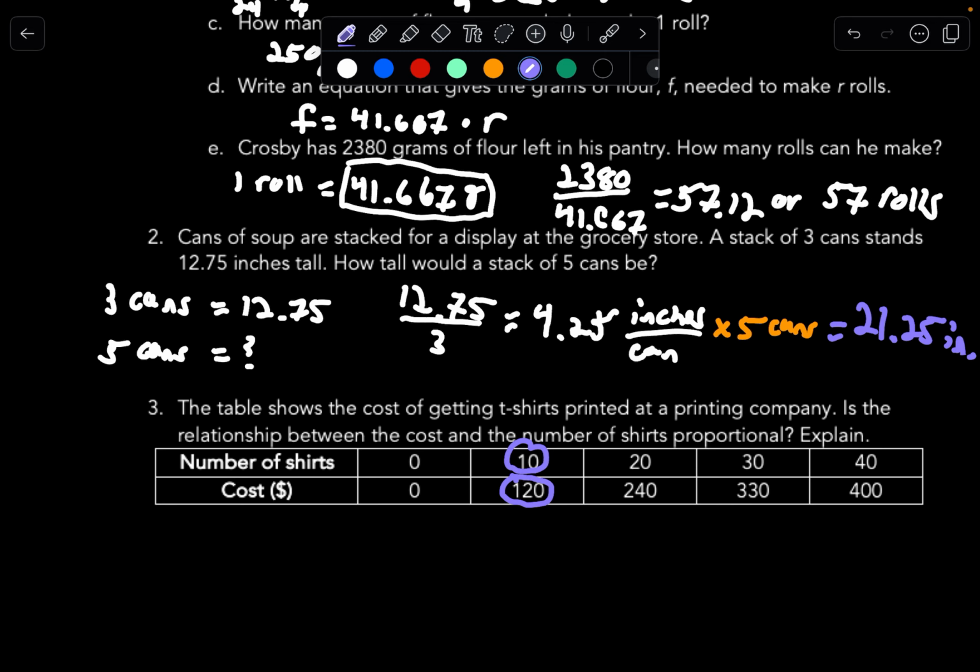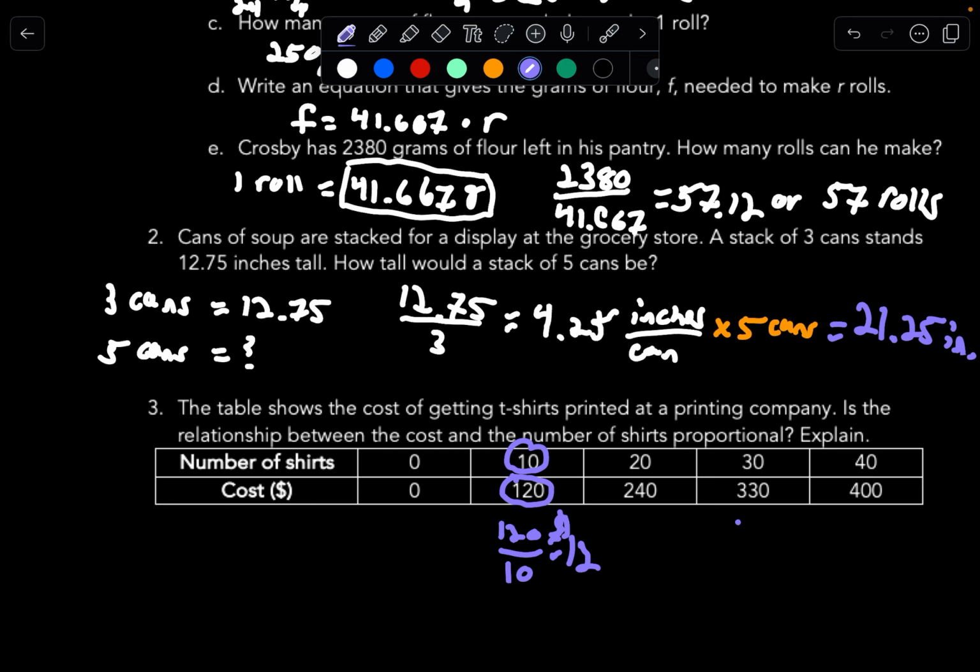The unit rate would be 120 divided by 10 equals $12. So 20 should be double that, so double 120 is 240. 30 should be triple 120, and triple 120 should be 360.